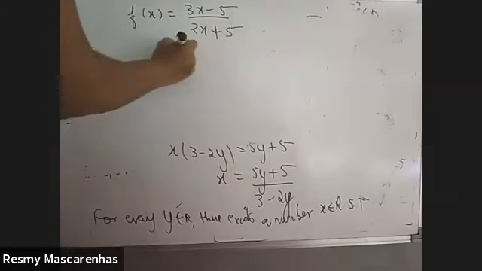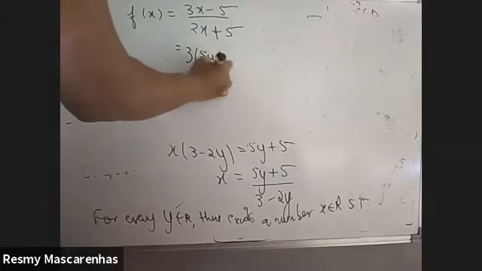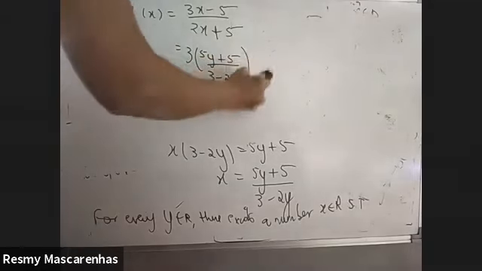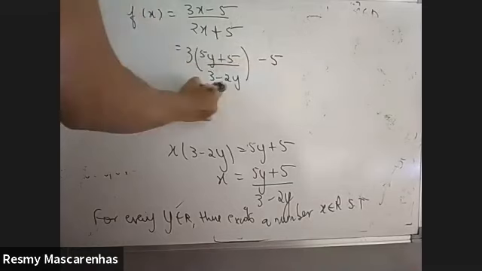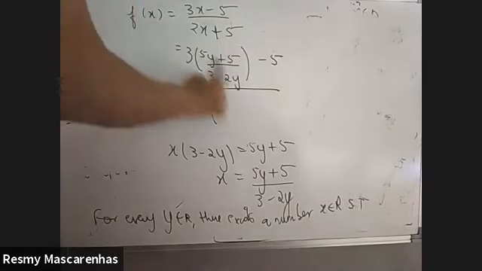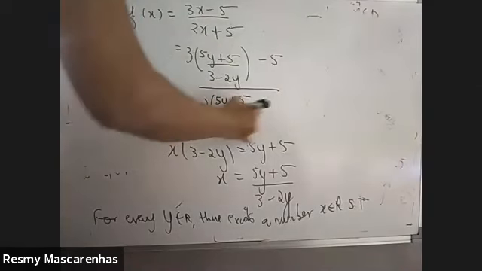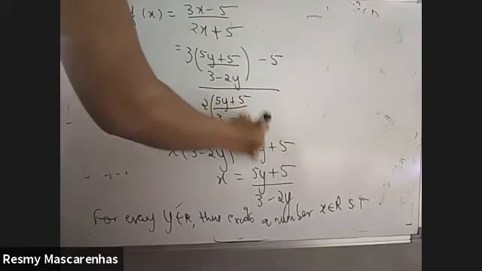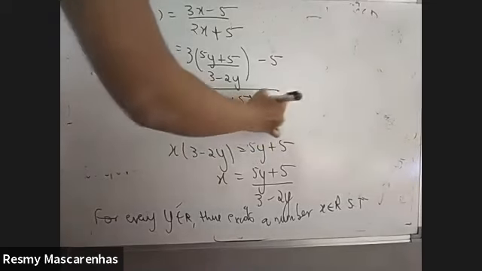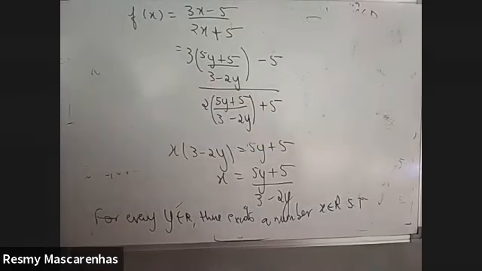It is (5y plus 5) upon (3 minus 2y), and similarly for the second place. Again, x is the same thing. Okay, now you have to cross multiply and somehow the answer has to turn out to be y.